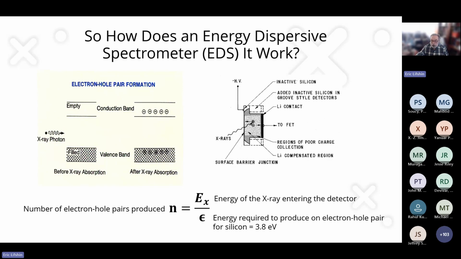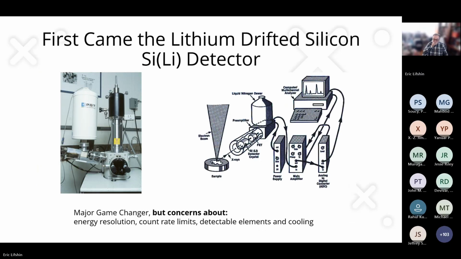Very small charge, but detectable. So in comes our X-ray, and it produces the photoelectron. We put a negative potential on the face of this thing, so positive holes will go this way, and the electrons will go over here to the gate of a field effect transistor, and we're off and running.